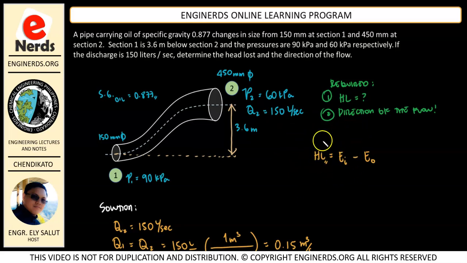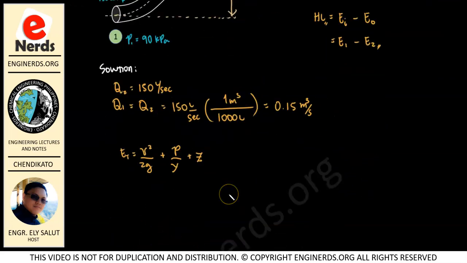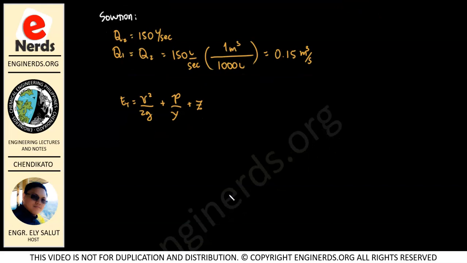So we need to get the energy in and the energy out. We can write the energy in as the energy at section 1 minus the energy at section 2, so that our subscripts are consistent. We have section 1 and section 2. So let us get E1 and E2 to get the total energy. So this is our formula.